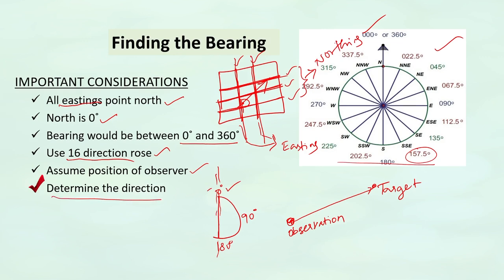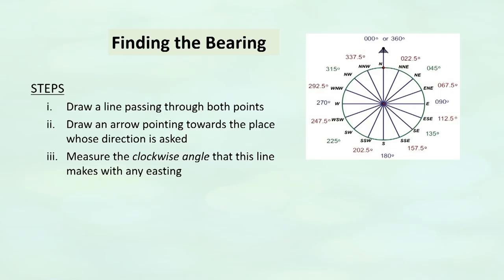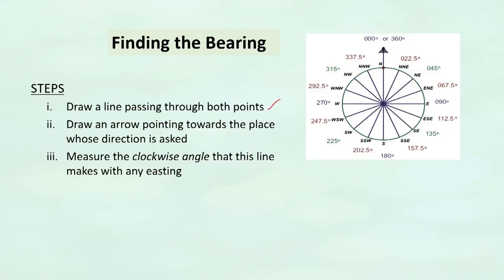Next, determine the direction. After that, you can measure and determine the direction. Now, let us do that. Before that, let me remind you again of some steps to be followed to measure the bearing in a better way. First, draw a line passing through both points. Here you are standing, the point of observation, and this is the target point.